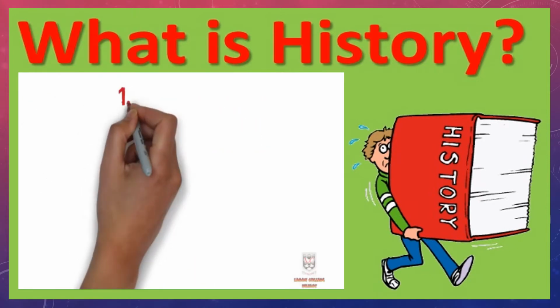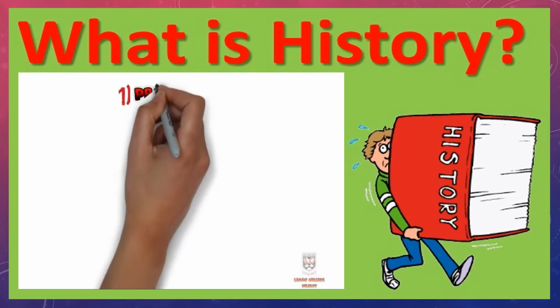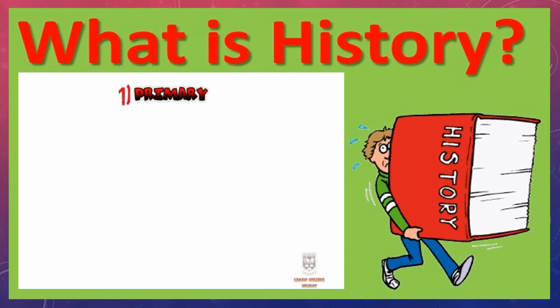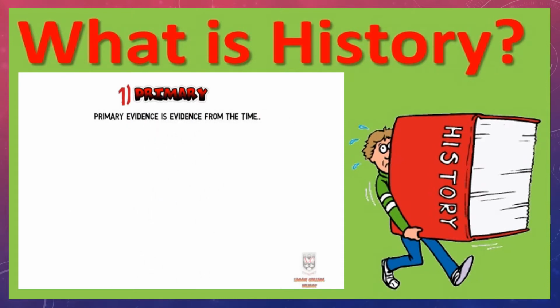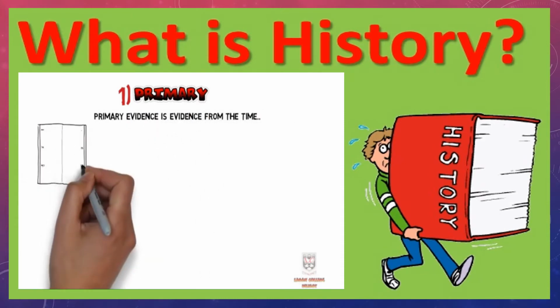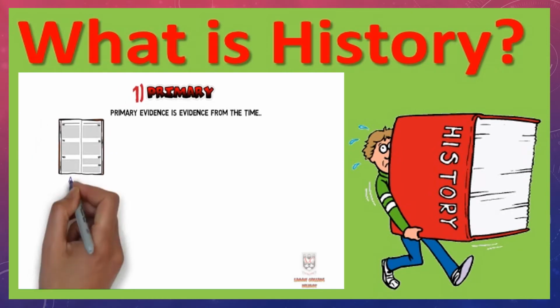They will need evidence. There are two types of evidence an historian will use. Number 1, primary. Primary evidence is evidence from the time.